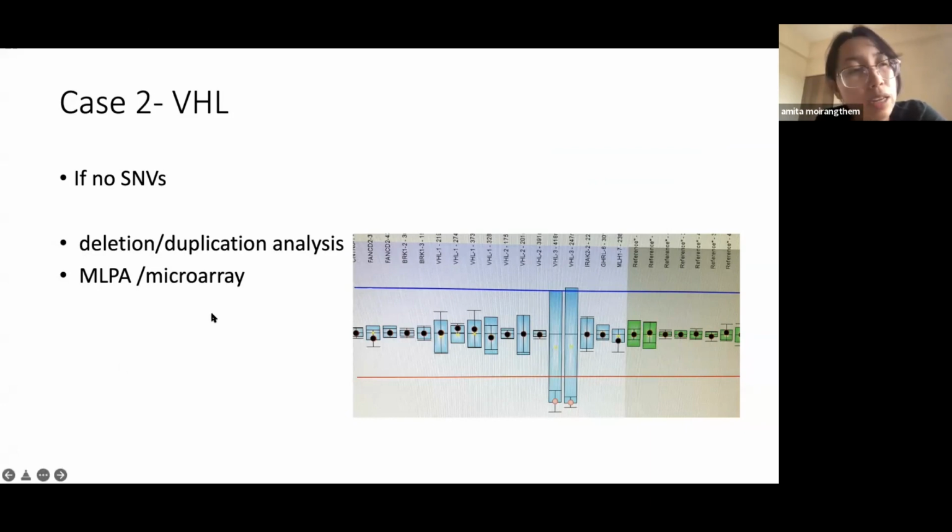One of the techniques that we use in our lab is MLPA, or sometimes we can use microarray also. This particular individual has a deletion of exon 3 of the VHL gene. So the whole exon is deleted.